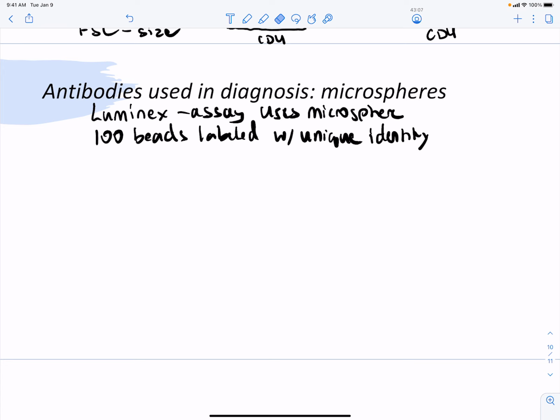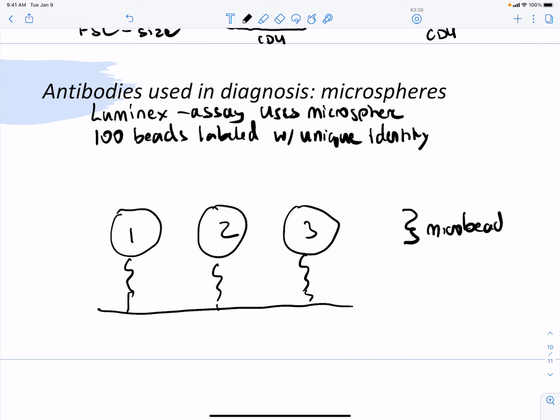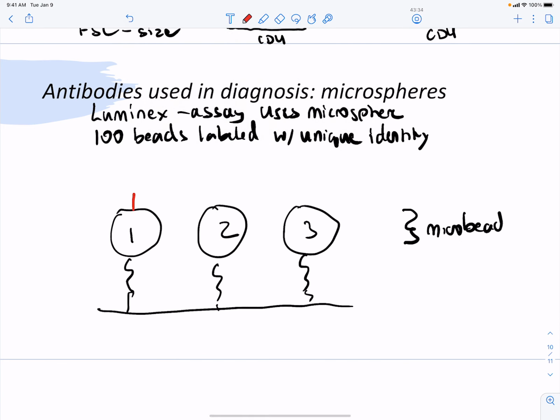So in this case, though, you have beads. So you'll have a microbead 1, microbead 2, microbead 3. And these will be tethered to some surface. They're usually going to be like a plate, a well, similar to what was used for an ELISA. And then attached to each of them, you're going to have a different target.